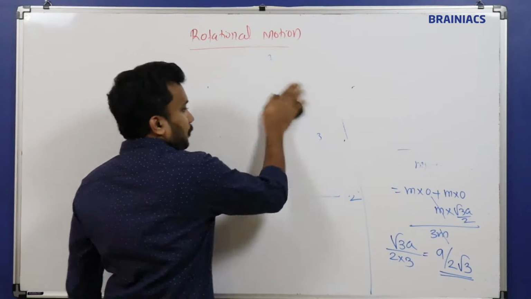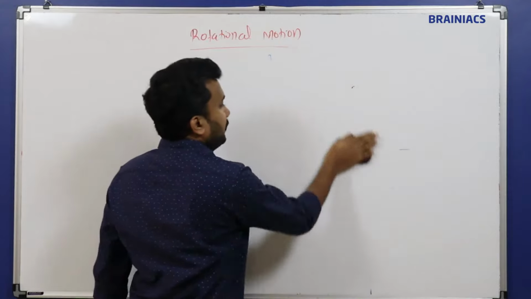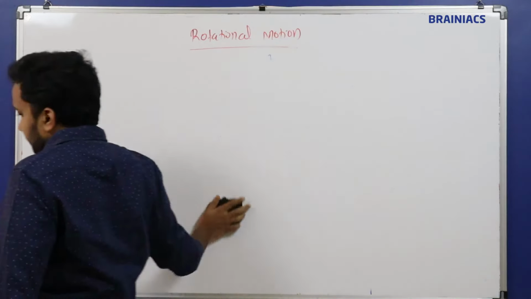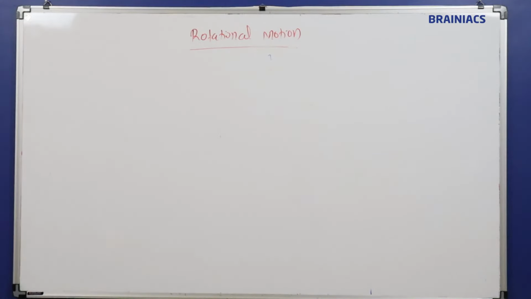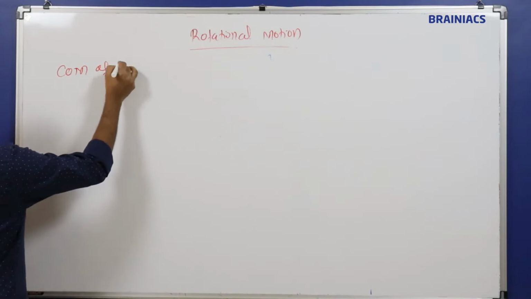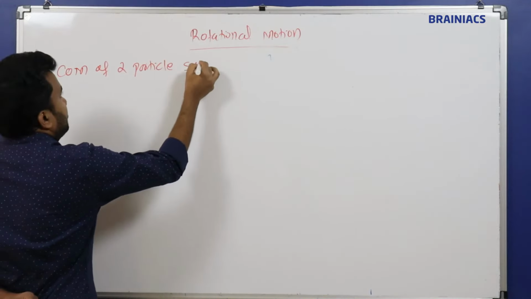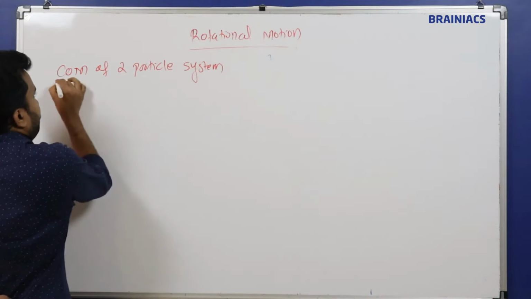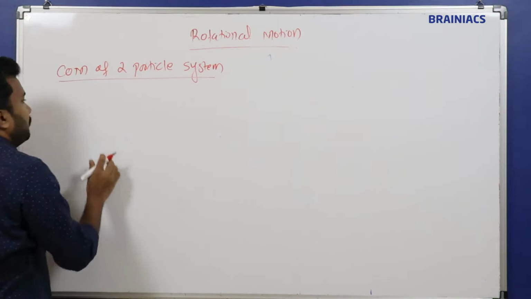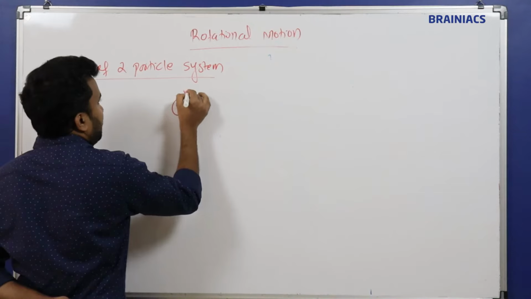Center of mass of two particle system. The next heading: center of mass of two particle system. You can write it in short as COM, center of mass of two particle system. Listen to the board very carefully. Suppose I have the first mass m1, and I have the second mass m2.